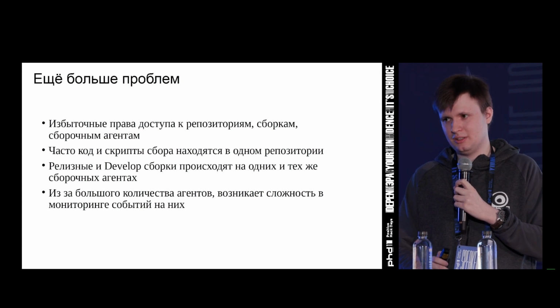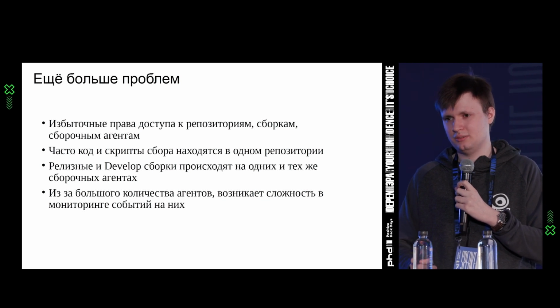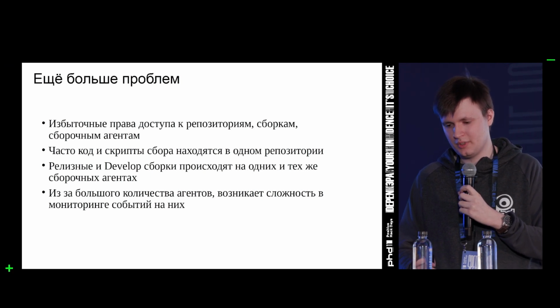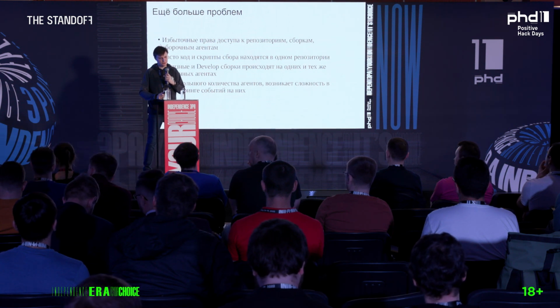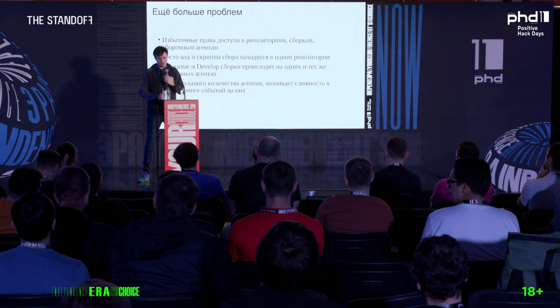And this staff member will not necessarily use or commit code to all of them. If an account like that is cracked, the threat agent can get access to all the reps. The code and the script in the build are usually in one rep, and this means that the code from the rep can be modified, and this way you can get access to the agents.